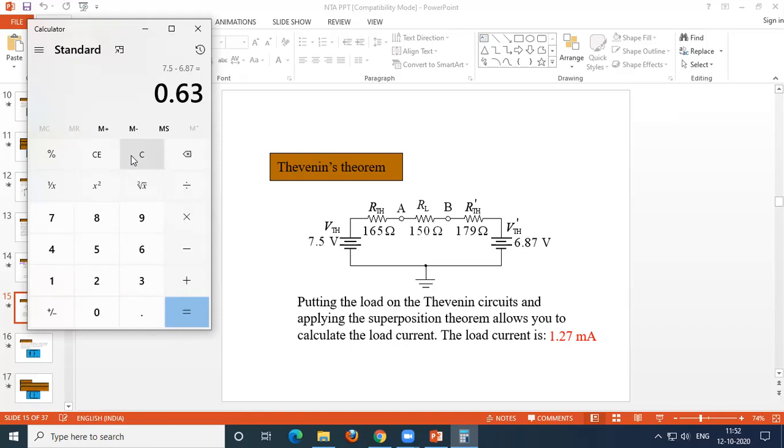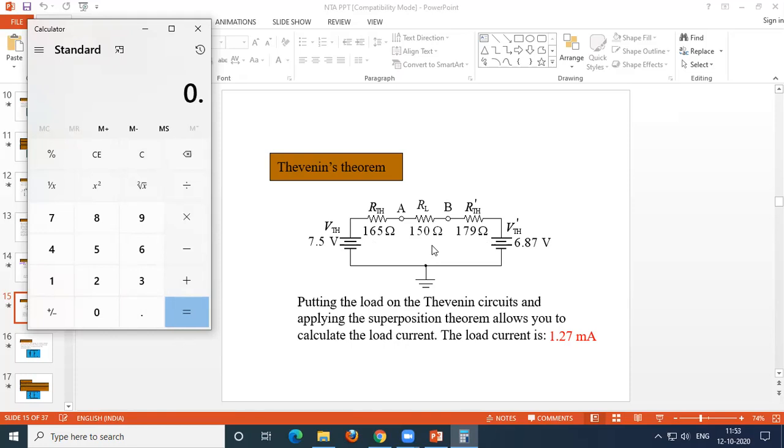These three resistances, 165, 150, 179, are all in series, so to calculate the total we add them, giving 494.